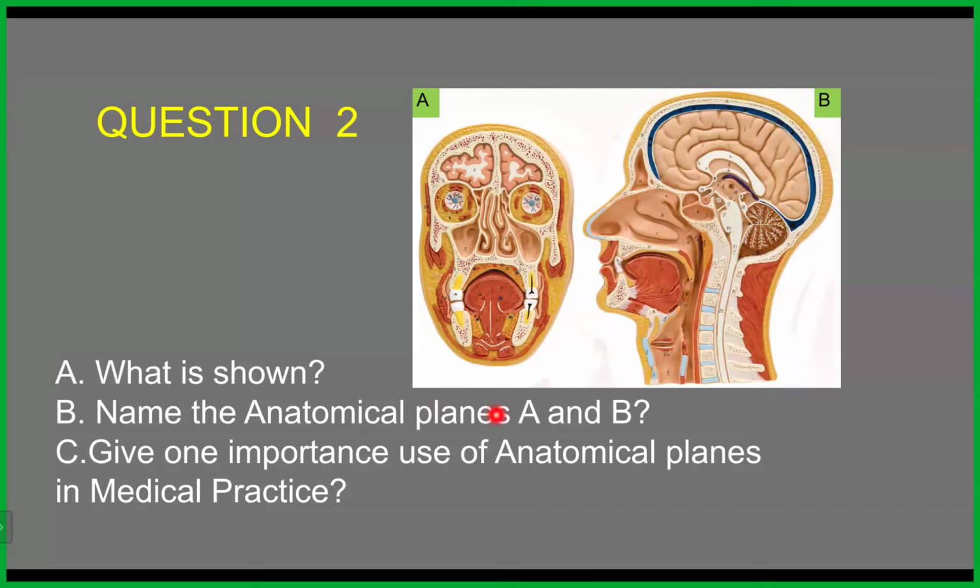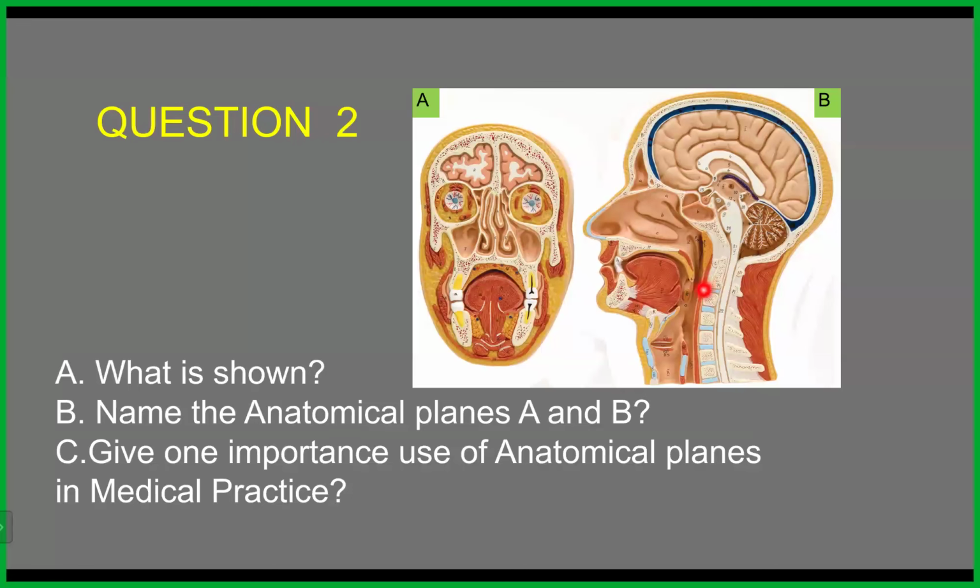Name the anatomical planes A and B. So in A, the plane that divides the body into a front part and the back part is referred to as the coronal plane. And B, the plane that divides the body into the left and right is referred to as the sagittal plane.